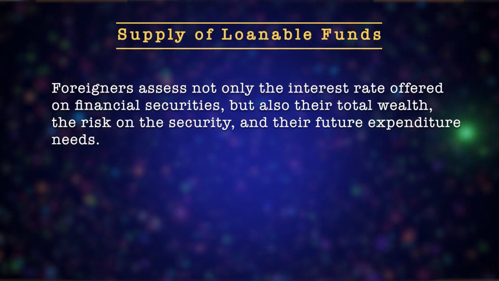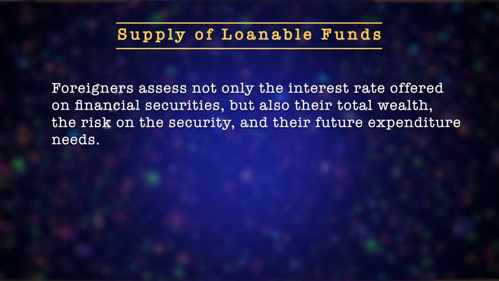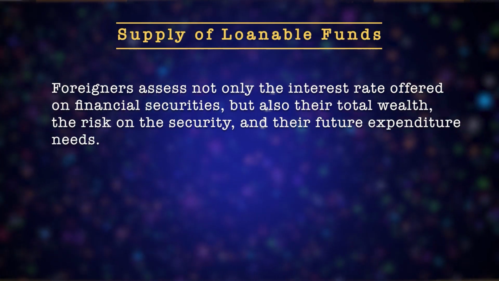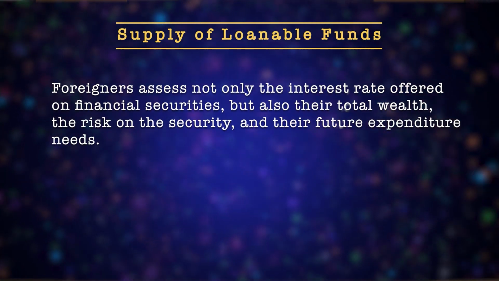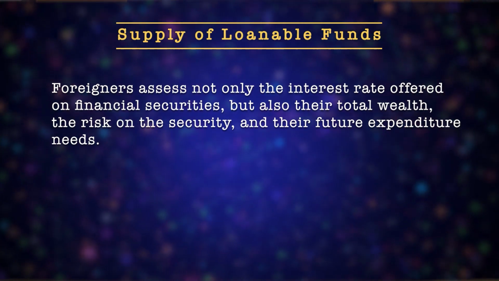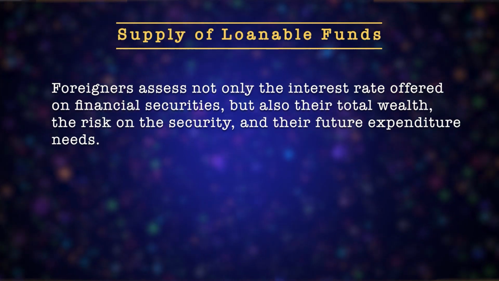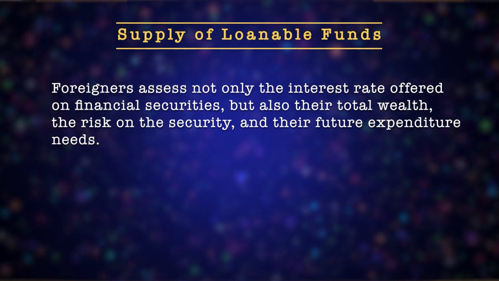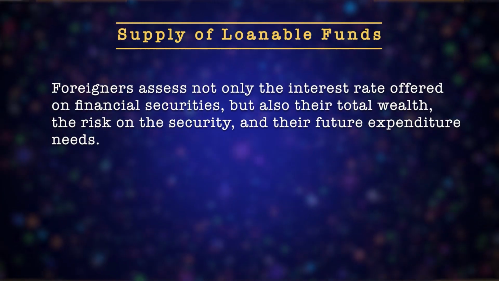And that is how the supply of loanable funds plays an important role. In this context, foreigners consider not only the interest rate but also the total wealth. So in the discussion of interest rate structure, it's very important to identify the risk associated with foreigners, because they do not go for more and more investment in financial securities based only on returns, but also consider the total wealth, the security risk, and any sort of future expenditures.